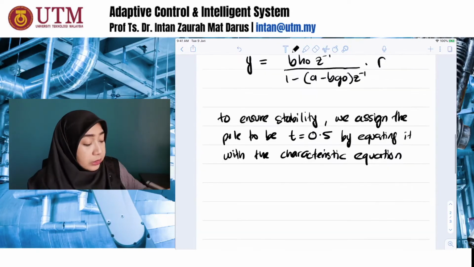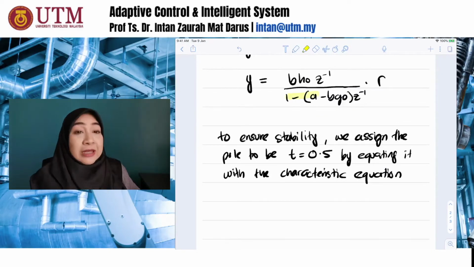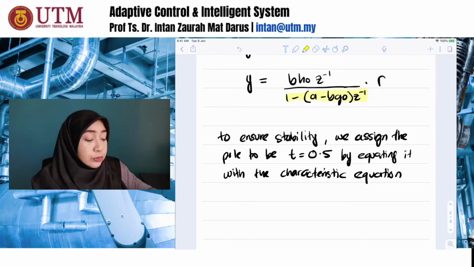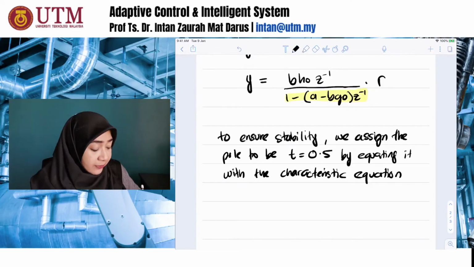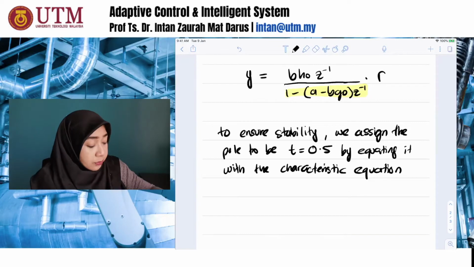So we take the characteristic equation. In this case, the characteristic equation is the denominator of your closed loop transfer function. So take that value and find what your poles are, by equating it to zero.